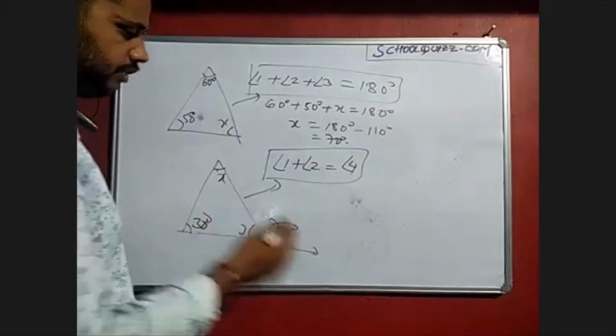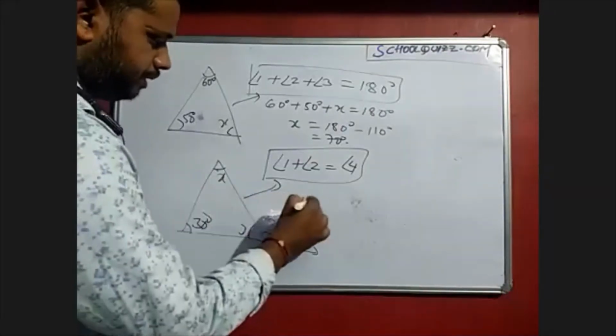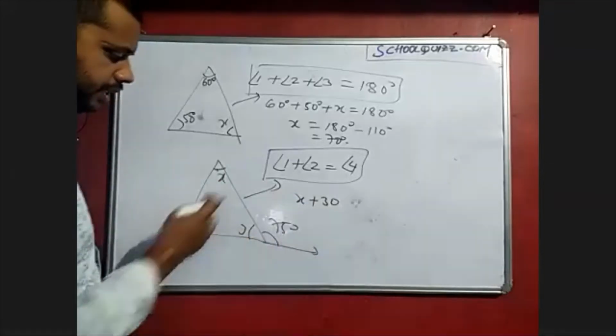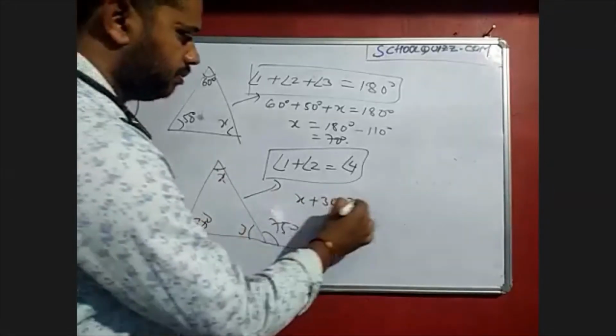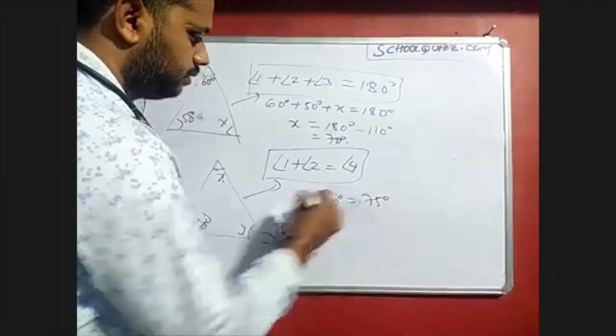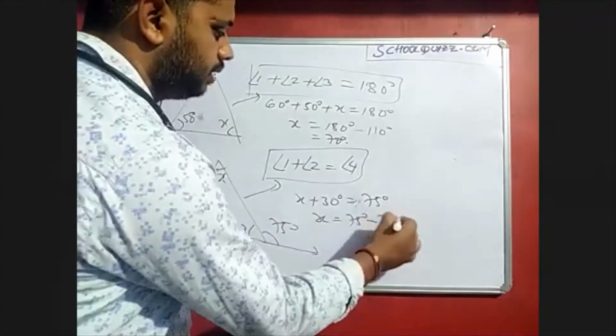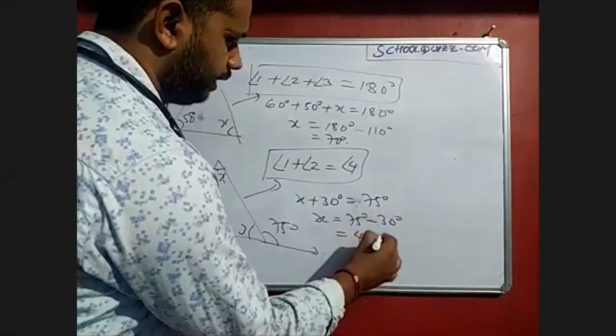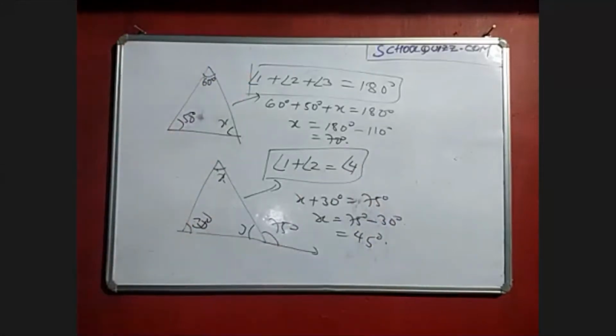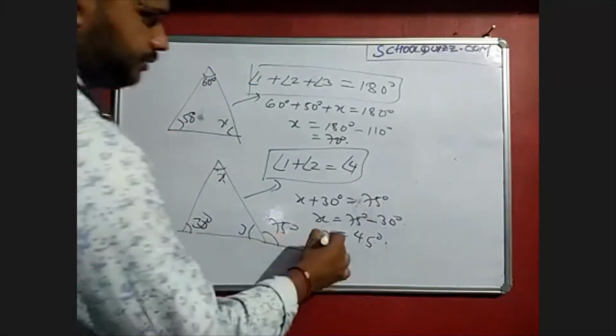And by using the other property, the sum of x plus 30, the opposite interior angles, equals the exterior angle, which is 75 degrees. So x equals 75 degrees minus 30 degrees, so you will get 45 degrees. Like that you can get the value of x here.